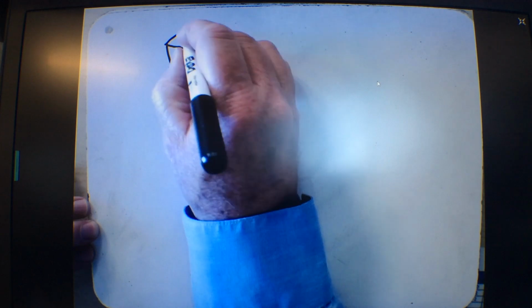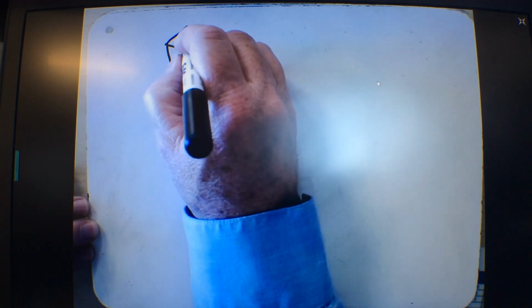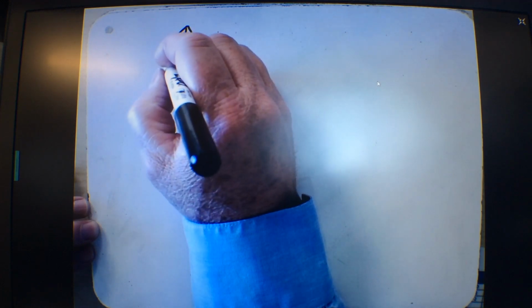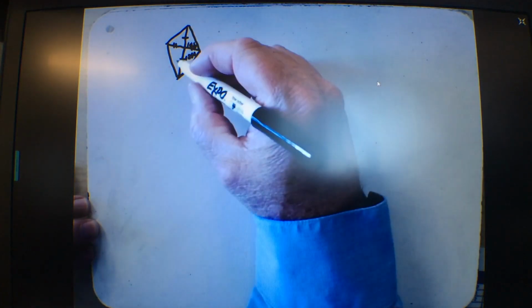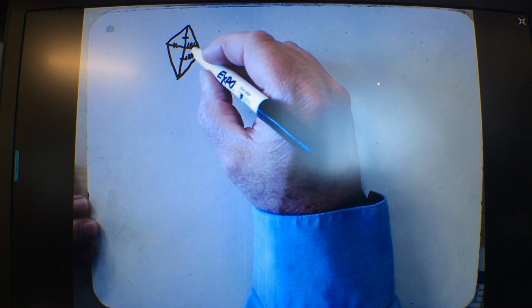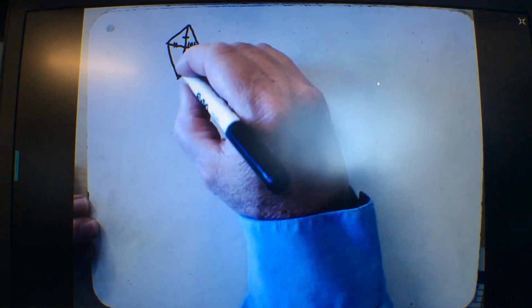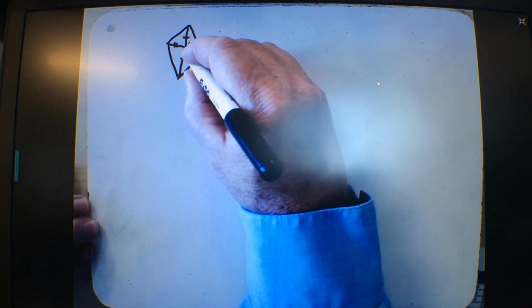Here are the diagonals. This part right here is 10 feet, half of the diagonal, and this one is 12 feet. I'm going to mark this as congruent, and this is congruent. This one's 12 from here to here, and this one's 10 from here to here.